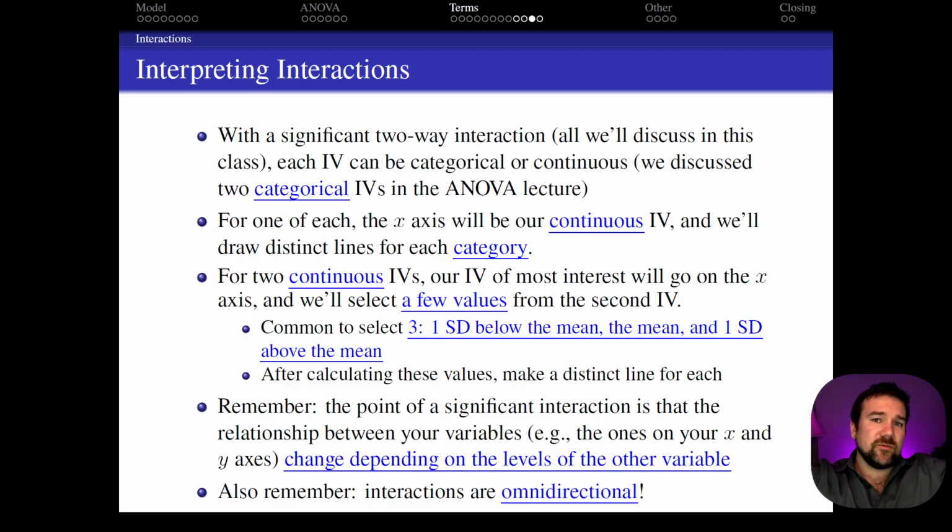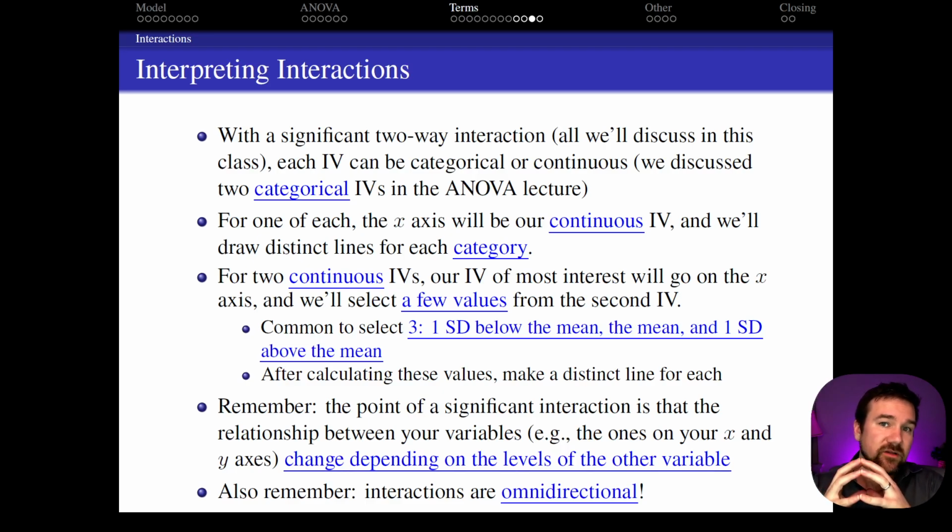Just because terms A and B interact, and I say A's relationship to Y depends on B, well, that's kind of true, but it's also true that B's relationship to Y depends on A. So interaction terms go in both directions. Neither is wrong. They're both happening together. So is it one, is it the other, or is it both? Well, it's all of those put into a single number.